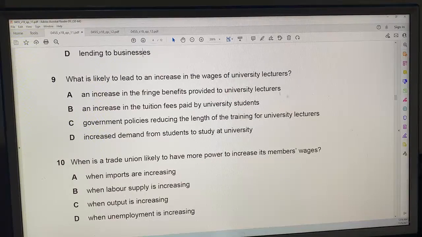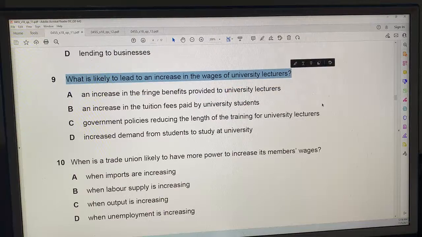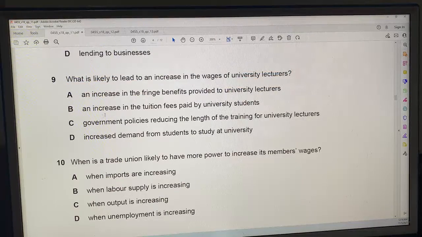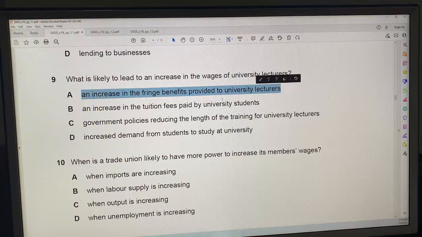So number 9. What is likely to lead to an increase in the wages of university lecturers? And first answer, maybe an increase in demand for university, an increase in demand for college degrees. Let's see, A is an increase in the fringe benefits provided to university lecturers.